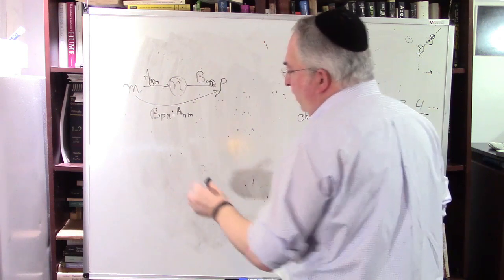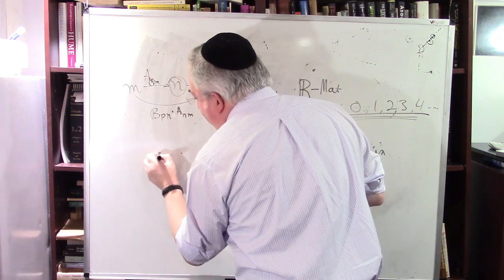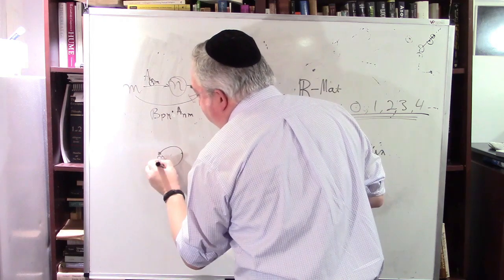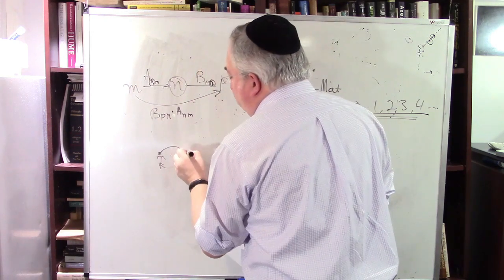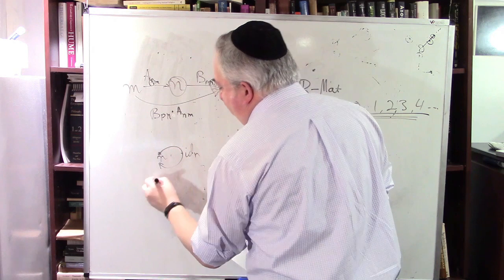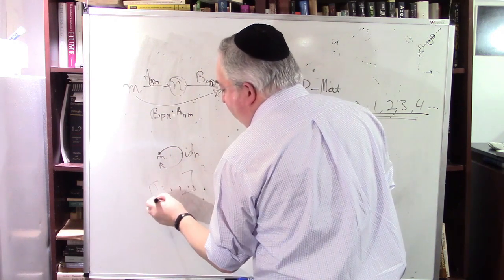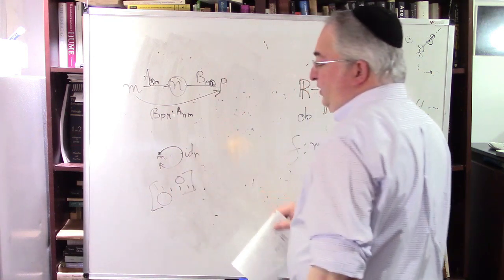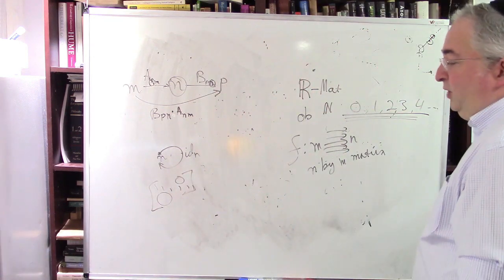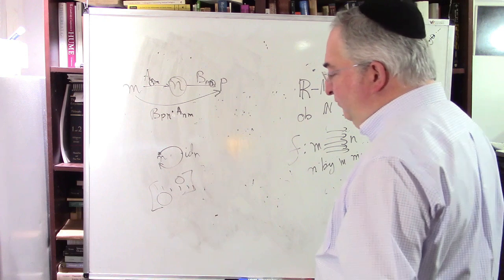Okay, so let's go through it. Namely, for n, there's a special map from n to n called identity on n, and basically that is the matrix with a bunch of ones down the diagonal and 0 everywhere else. So that's an n by n matrix with ones down the diagonal and everything else 0.